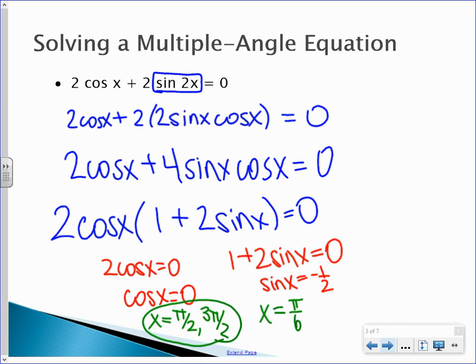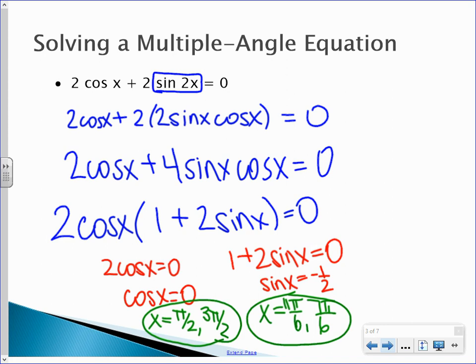You got the right reference angle. 11 pi over 6. Okay. And where's the other place? 7 pi over 6. Good. So those are the two places where we have sine of x equal to negative 1/2. So between 0 and 2 pi, we have four angles that will satisfy this equation.